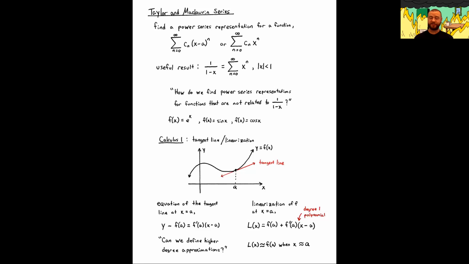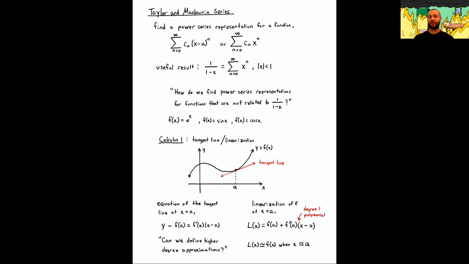Now, what a linearization does is it approximates the function with a degree 1 polynomial, or a linear function. Well, we might be asking, can we generalize or extend this to higher degree approximations?